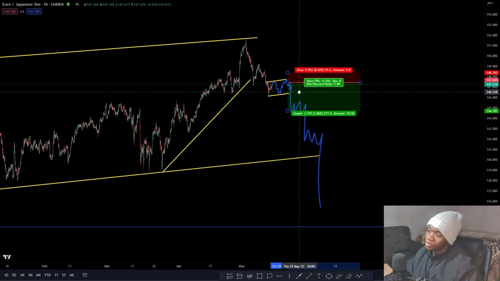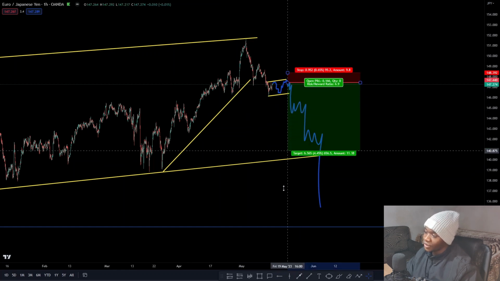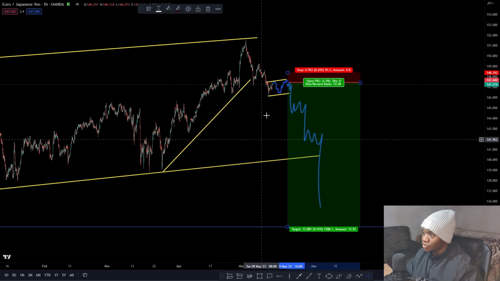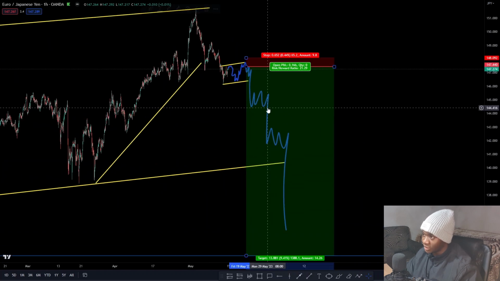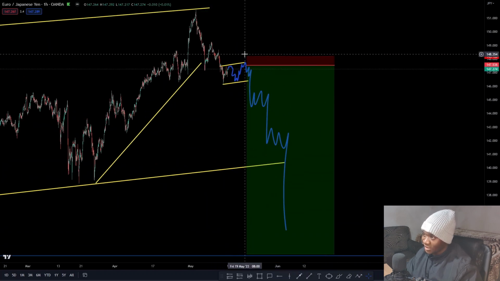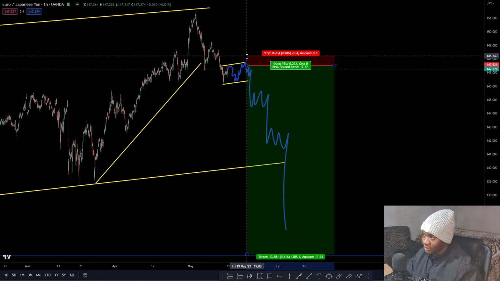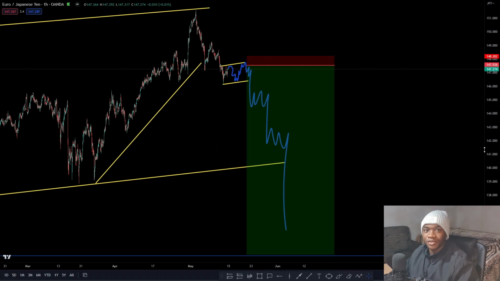Unfortunately, I do not trade huge stop losses, so I will be waiting for a nice stop loss. So yeah, 66. I think 66 will be nice. Yeah, 66 is perfect. So if I can see something of this nature, then definitely I'm going to take this trade.